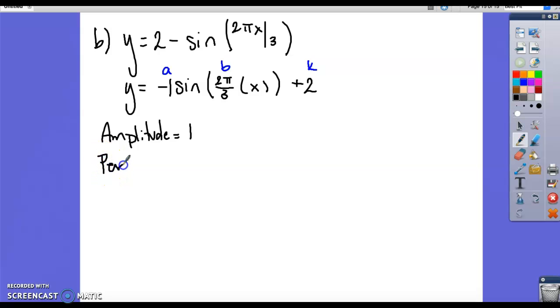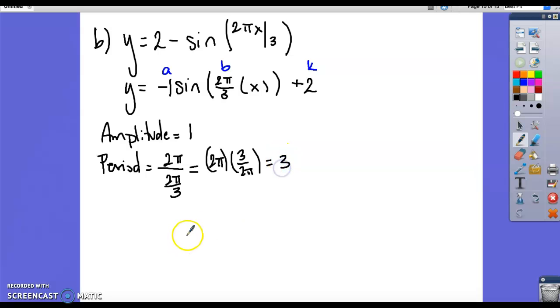My period is 2 pi times 3 over 2 pi. If I multiply those together, that gives me 3. So my period is 3. This is getting a little more challenging here.